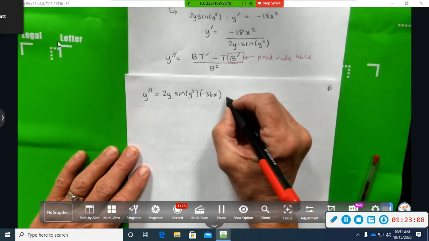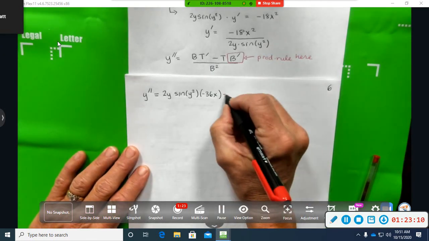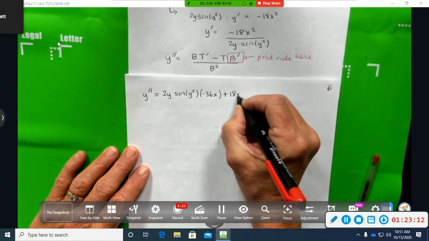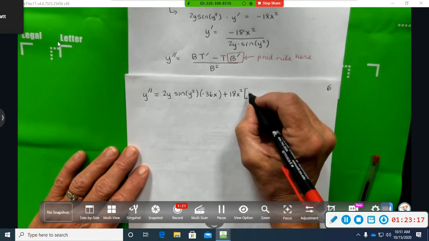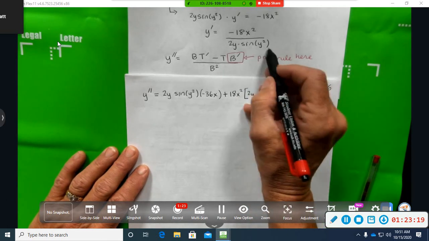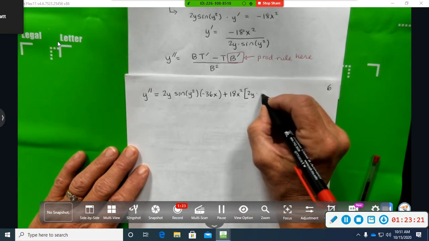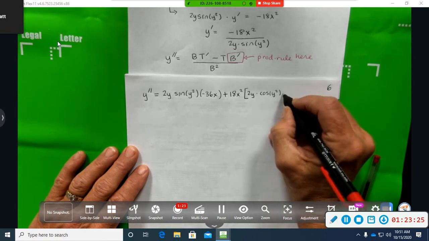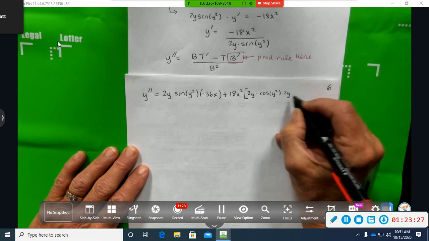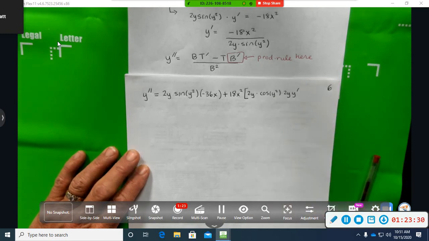Now the other way, minus the top. So minus a minus is going to give me plus 18x squared. And in here we're going to do the product rule. We've got the first times the derivative of the second. Derivative of sine of y squared is cosine of y squared times another 2y times y prime.